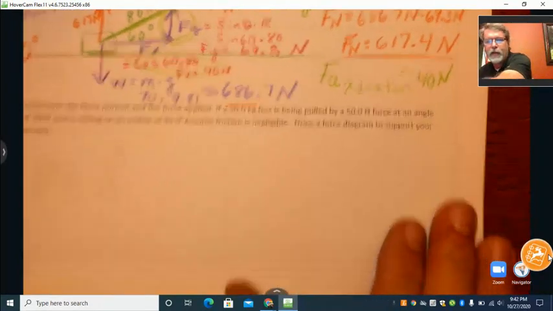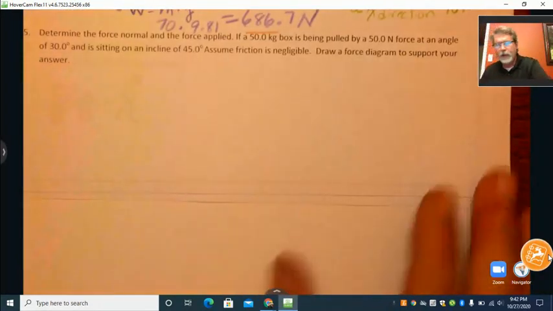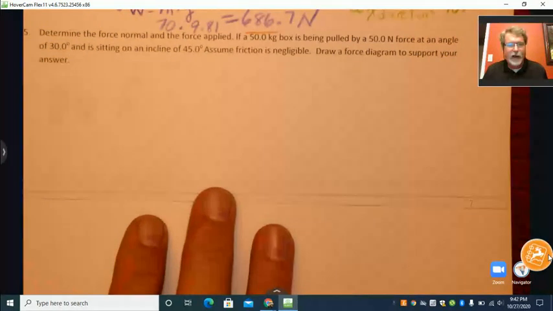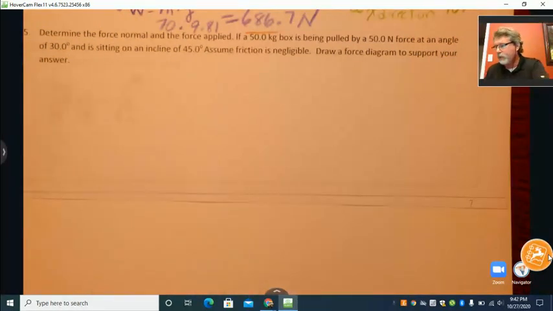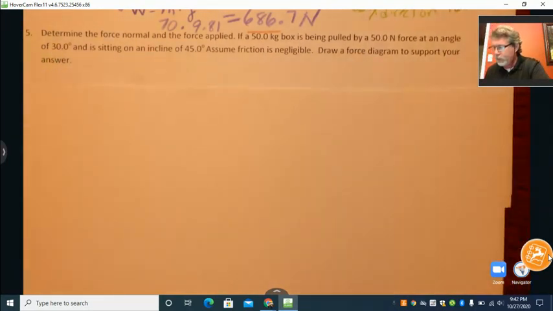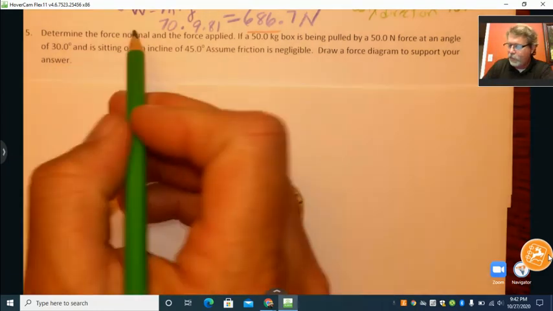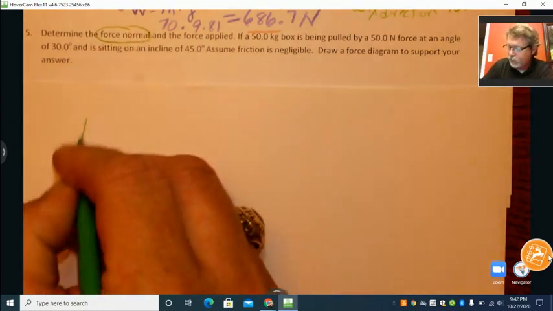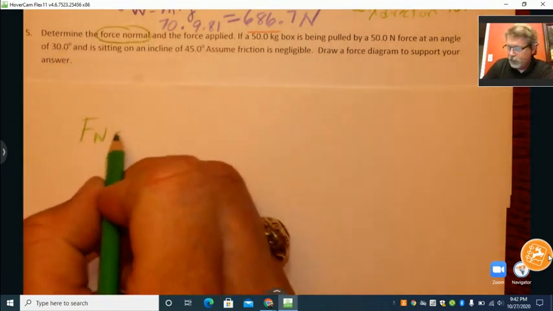All right? So again, we've got a lot of different pieces, so to provide room so you can easily see, I'm actually going to work it on a second piece of paper once we get going. So start off with, we want to determine the force normal, question mark.